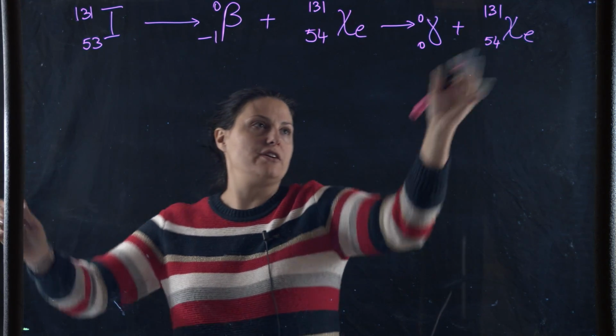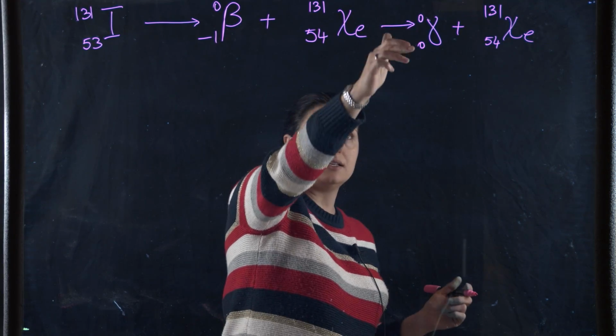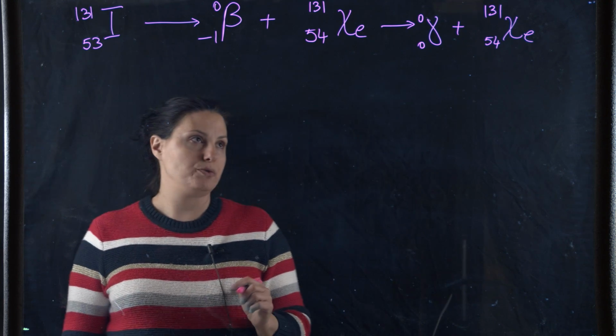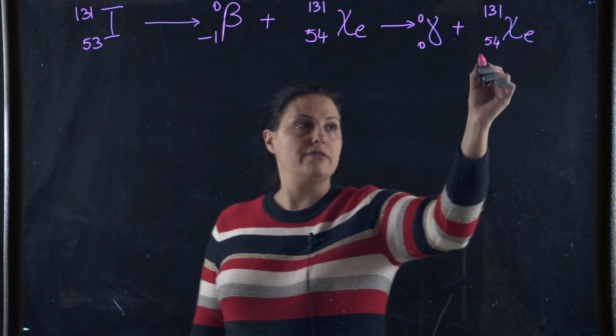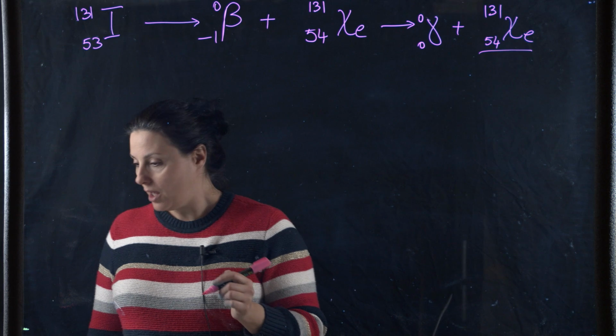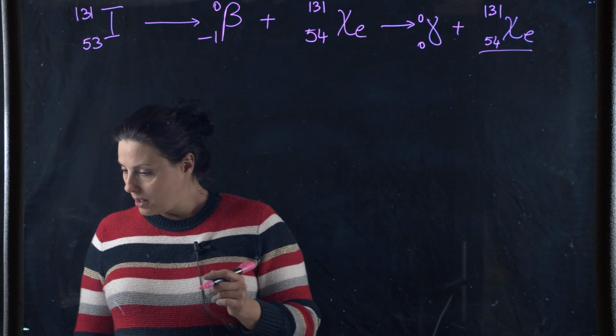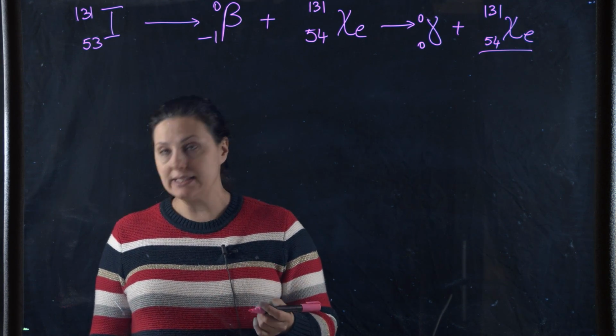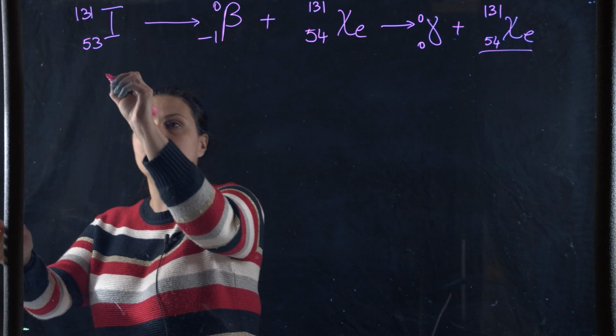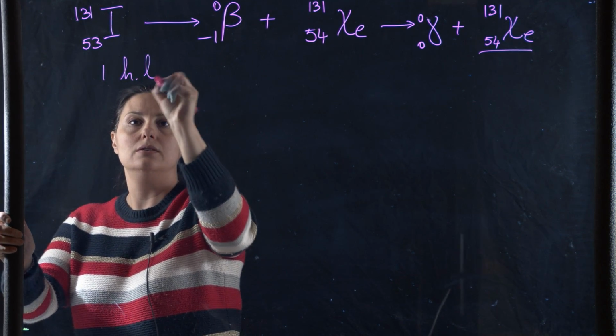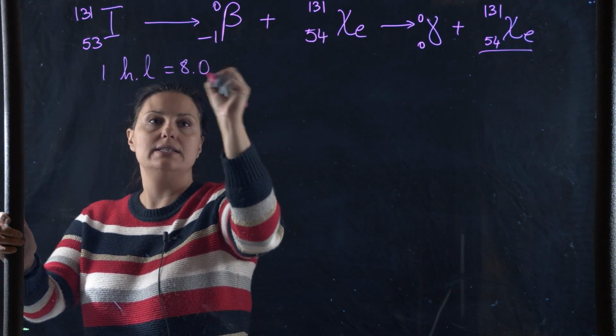This doesn't change any of it because it doesn't have a mass and it doesn't have a charge. Okay, so this is your final product. The half-life is 8 days. So 1 half-life is equal to 8 days.